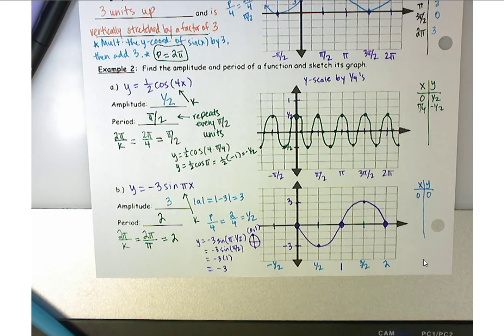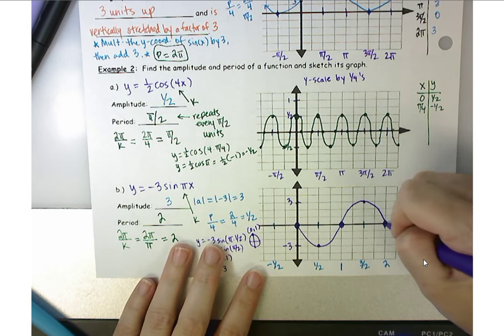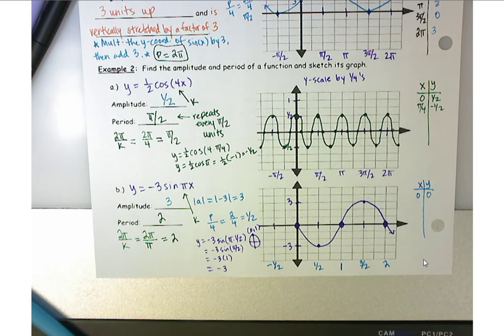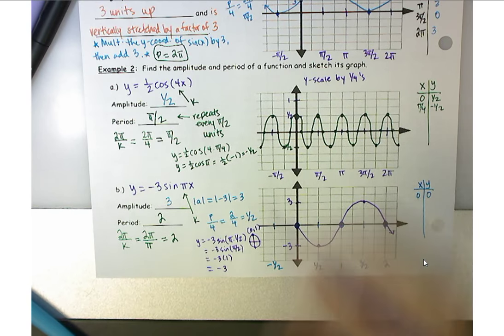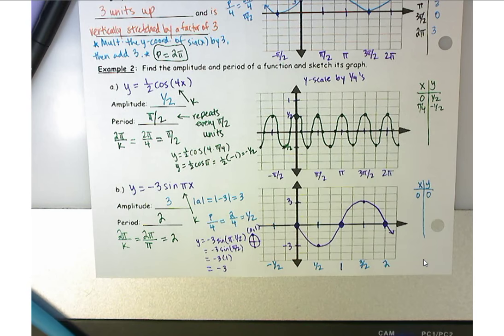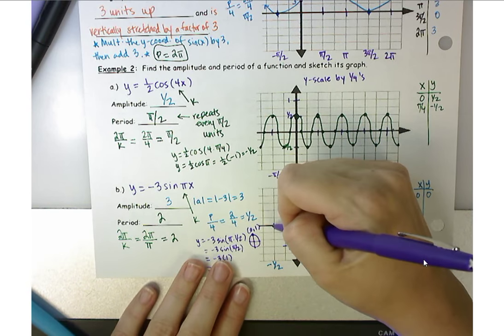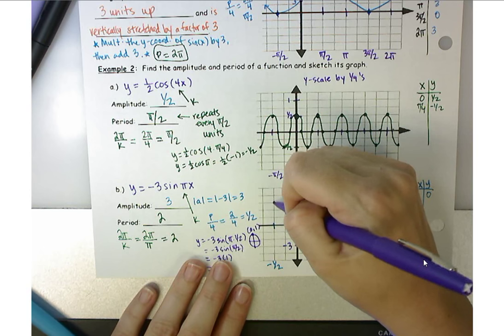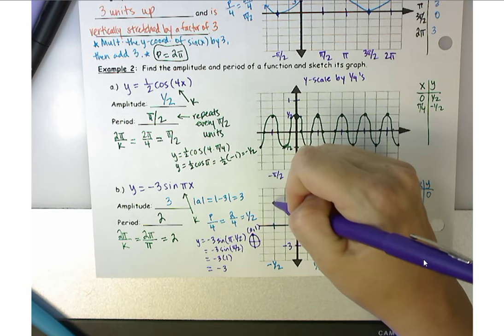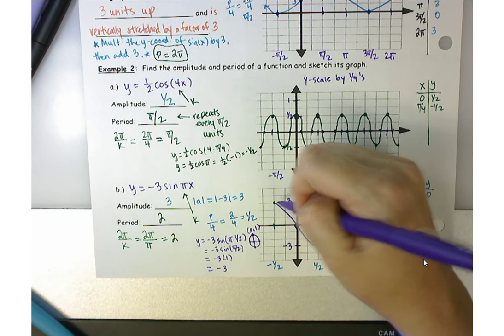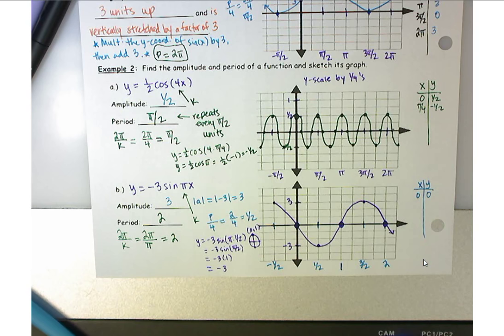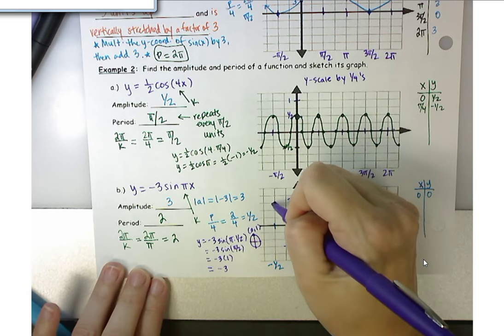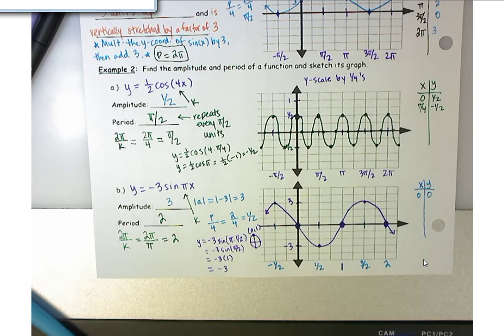Okay, so now we're just going to keep going. For this, you can just put your arrow, because that's going to be going down. What's going to happen at -1/2? It's going to go up to 3. Don't put your arrow here, because is it going to go past that value? No. What's it going to do next? It's going to start going down again. Okay, so you can put your arrow there.